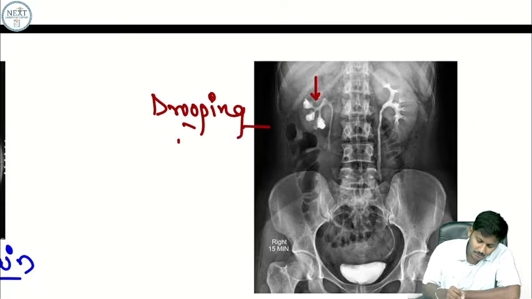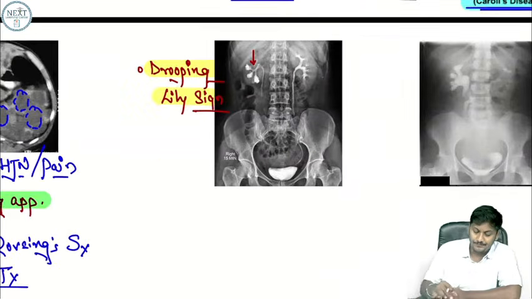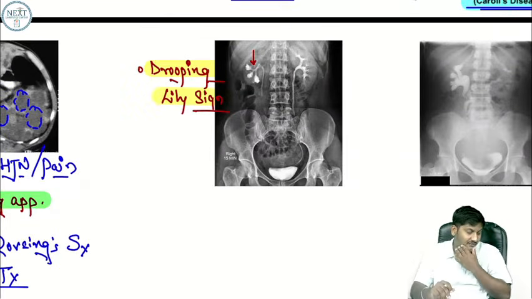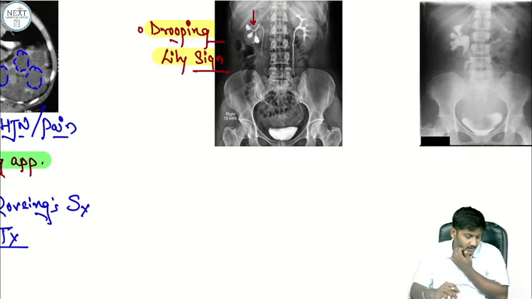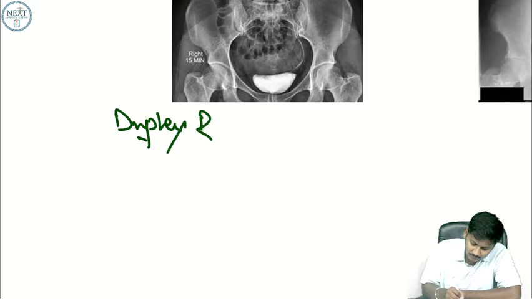So the drooping lily sign is seen on the IVP. That is important to be remembered. If they ask you about the drooping lily sign, beta, please remember it is a classical feature of which condition? The drooping lily sign is a classical feature of nothing else but duplex renal pelvis and ureter, beta.